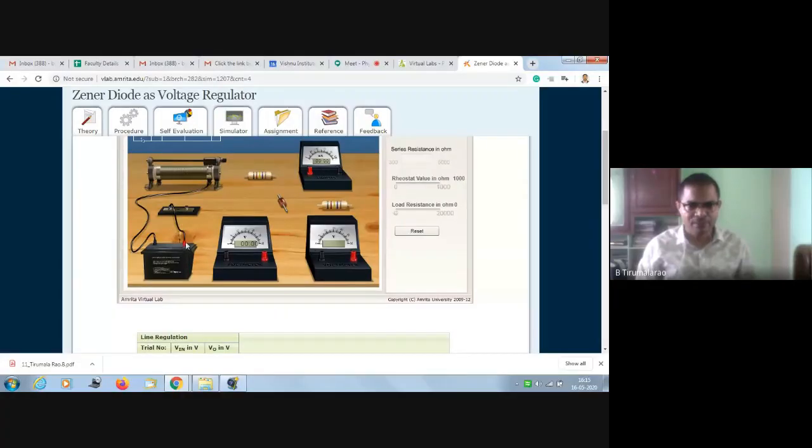This is the battery. This is the rheostat. This is the resistor. This is the milliammeter. This device is the Zener diode. This is the resistor, voltmeter, first voltmeter, second voltmeter.